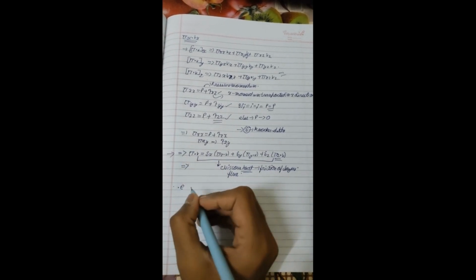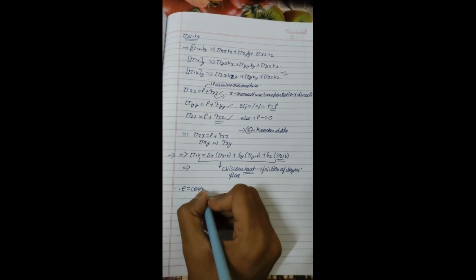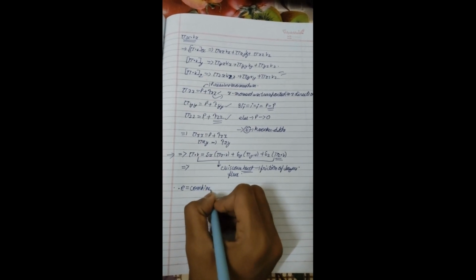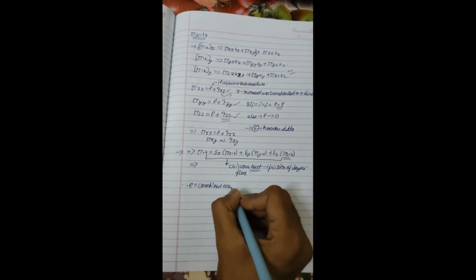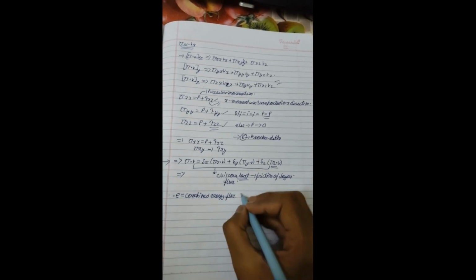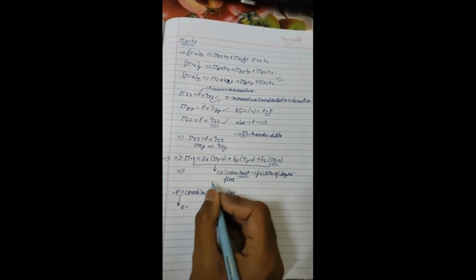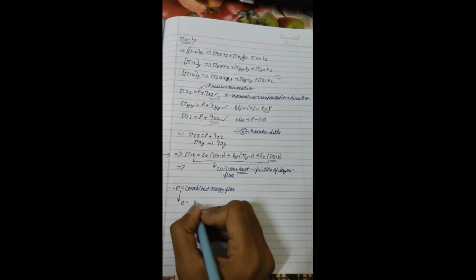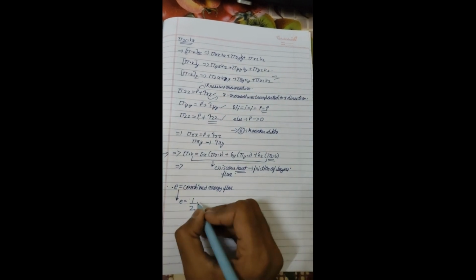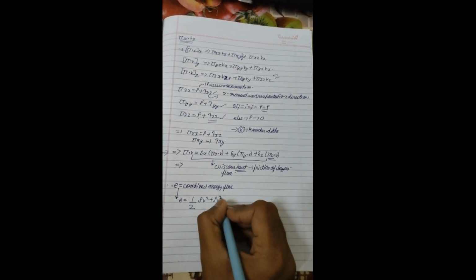So we can denote this as small e, which is the combined energy flux. So let's write it as combined energy flux, which is nothing but a summation of all these. So e is equal to the convective heat flux, rho v square plus rho u cap.